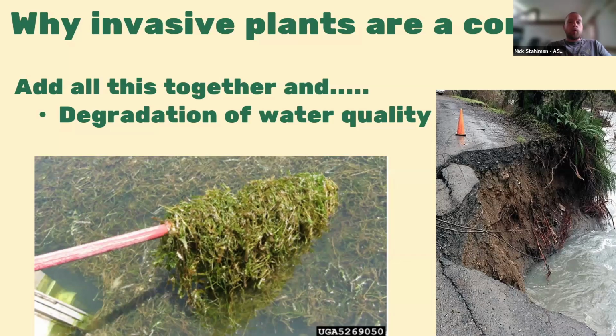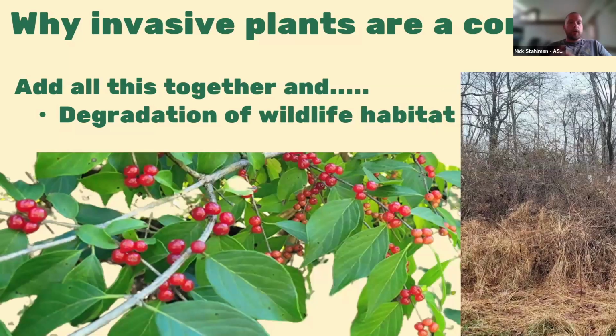But there are also aquatic invasive plants like curly leaf pondweed, which has massive diebacks in the summertime, and this results in low oxygen in the water system itself from the decomposition of all that plant material. And we actually will get harmful algae blooms from this. So these plants can cause some serious issues to the aquatic ecosystems, but also just wildlife habitat in general, whether it's on the land or in the water.